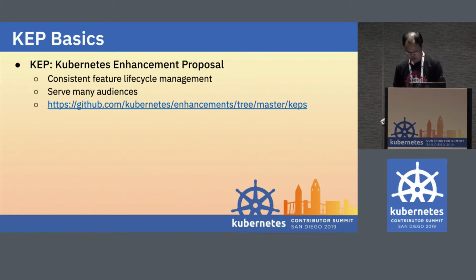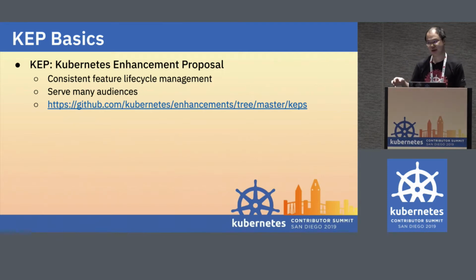Before starting, I just want everyone to be on the same page about what a KEP is. KEP is short for Kubernetes Enhancement Proposal. It's a methodology, a process we are following to make sure we have consistent feature lifecycle management.